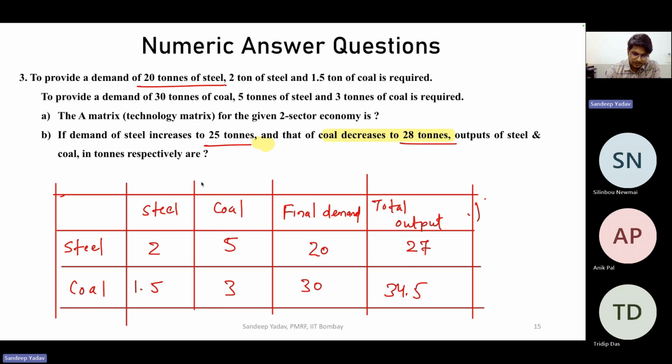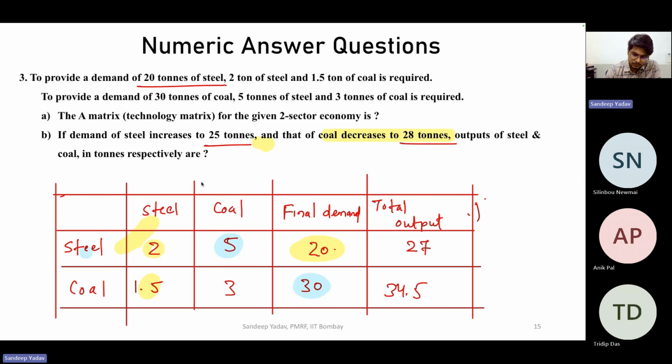If you read the statement, to provide a demand of 20 tons of steel, 2 tons of steel is required to make steel. So this is the relation between steel to steel. And 1.5 tons of coal is required. Similarly, for a demand of 30 tons of coal, 5 tons of steel is required.